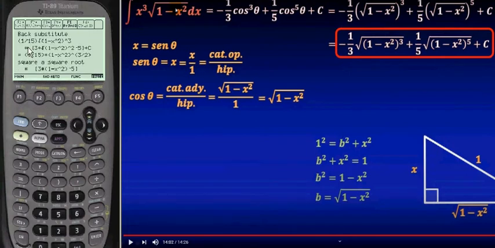We back substitute, put in the square root of 1 minus x squared here to the third power, times 3 times the square root of 1 minus x squared, squared, minus 5, and the plus c. You always have to add a plus c after you integrate an indefinite integral.